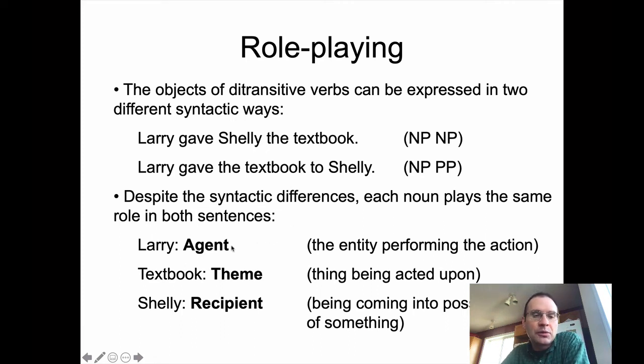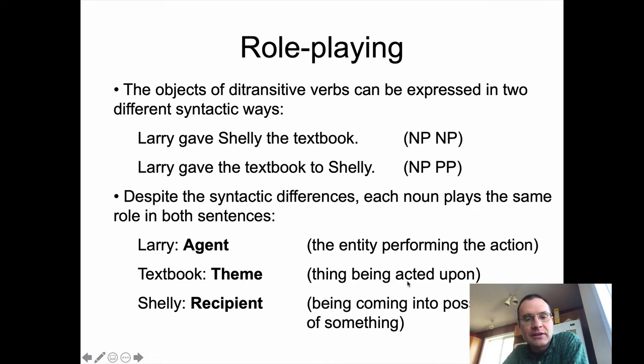And we can describe the roles that each noun phrase is playing in these sentences using a specific set of technical terms about what roles are possible in a sentence for a noun phrase. So Larry, in this case, is what's called an agent. That is the entity or being performing the action. He's making it happen. The textbook is what's called the theme.